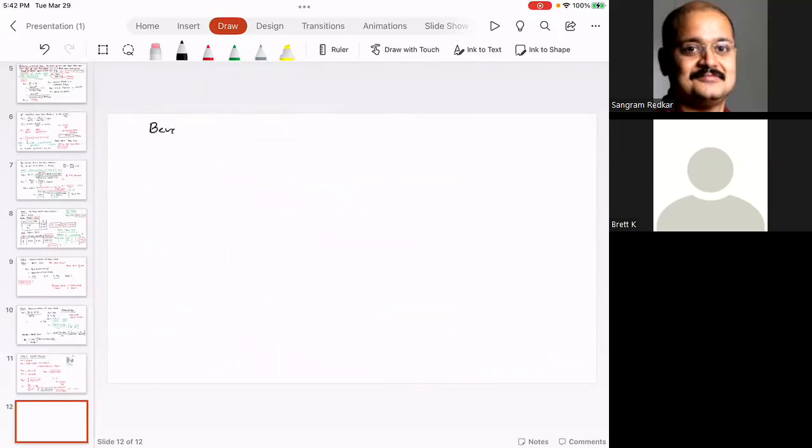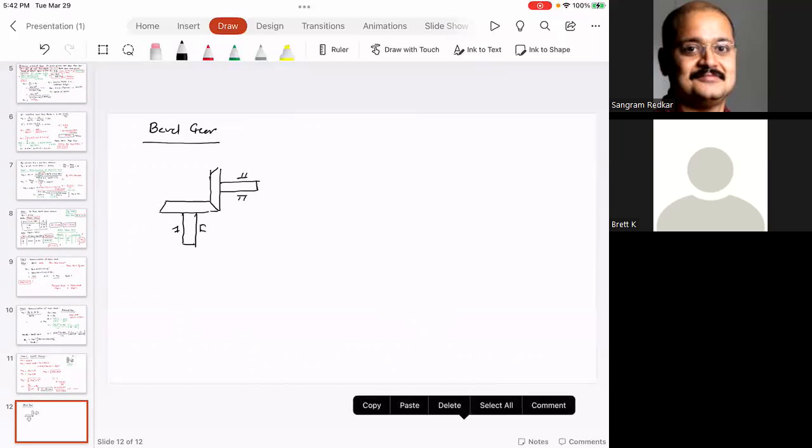Next class, we are going to do bevel gears. The bevel gears can be at an angle. Here, as you can see, the input shaft and the output shaft are perpendicular to each other. So input shaft and output shaft can be at an angle. A bevel gear could be something like this.